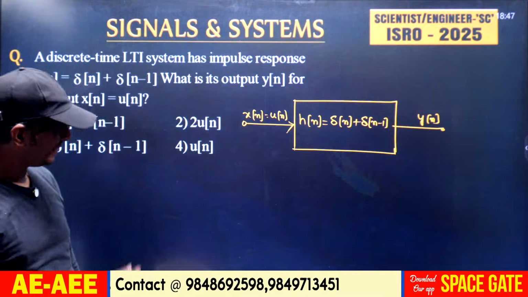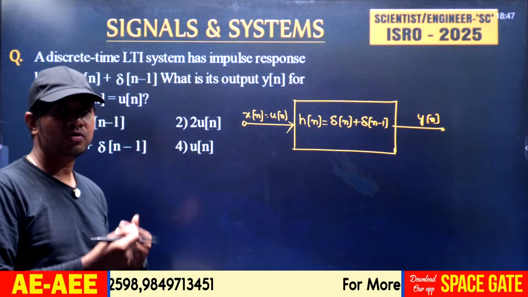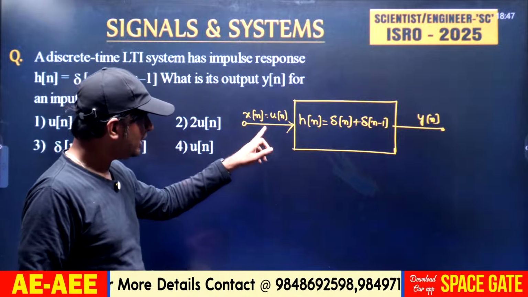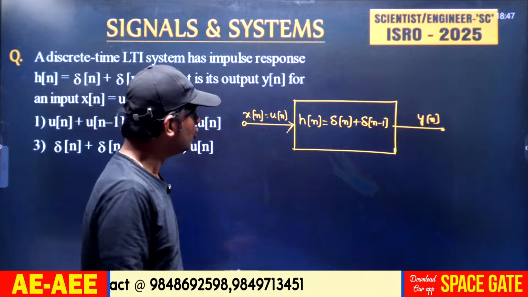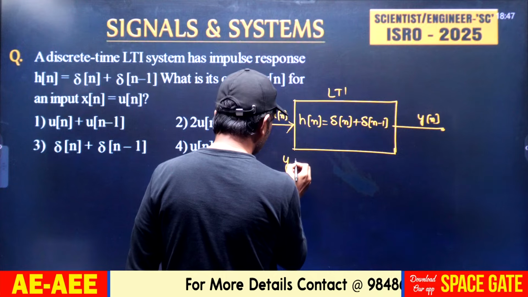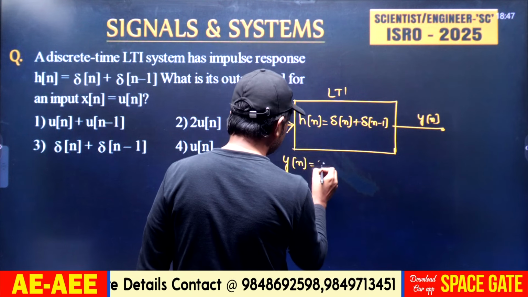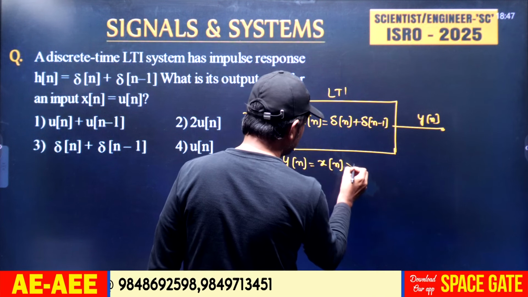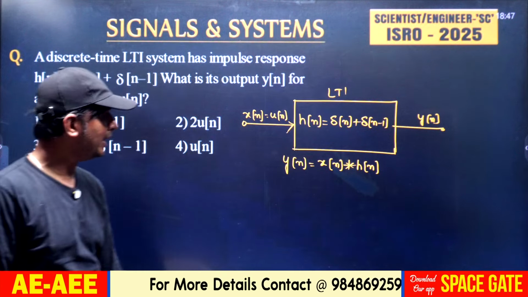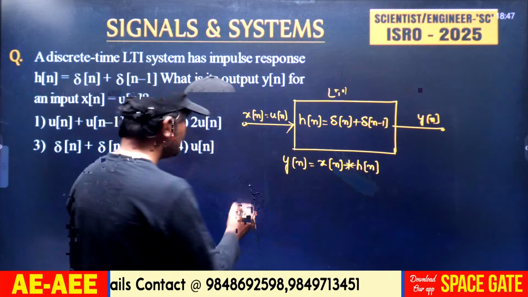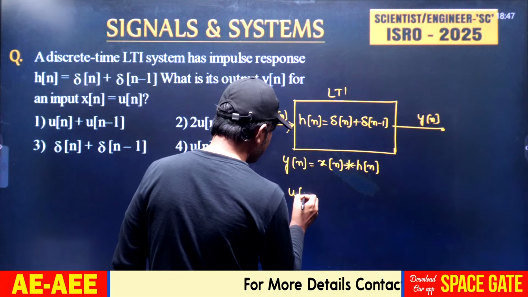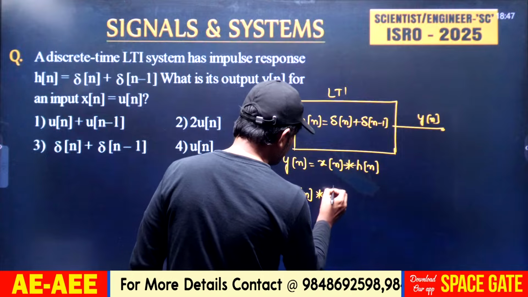He is asking us to see that the input is u of n, so whatever output you are going to get is basically the step response. So here input is there, impulse response is there. For a LTI system, if input and impulse response are there, output is simply the convolution of input and impulse response, or y of n is u of n convolved with h of n.